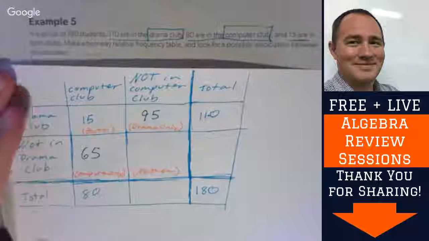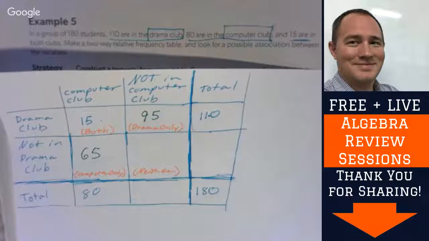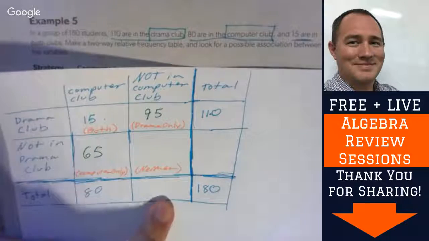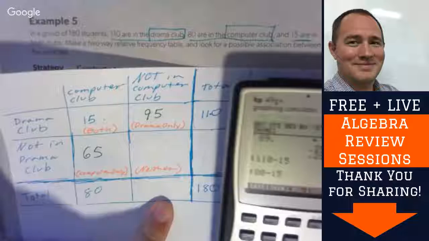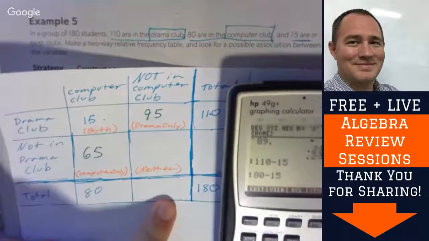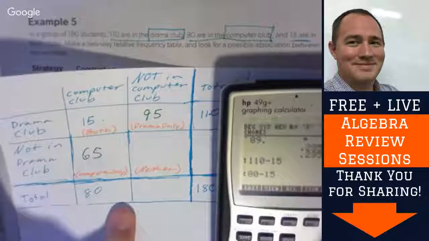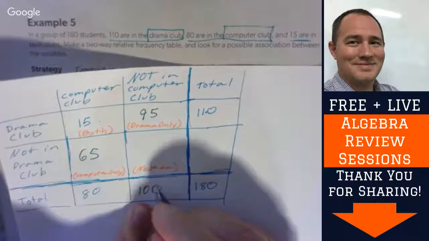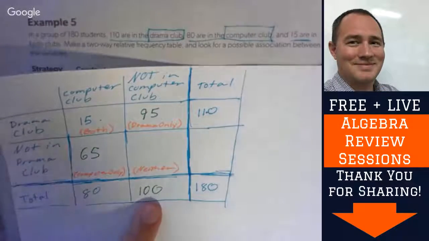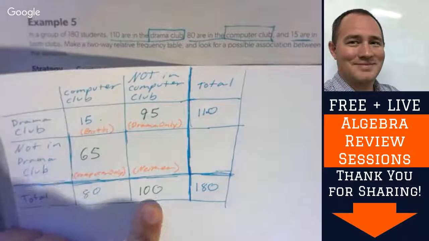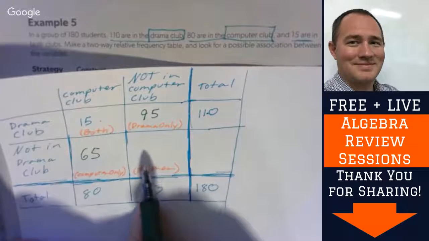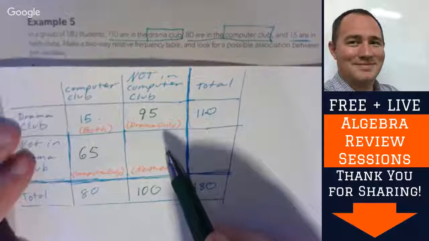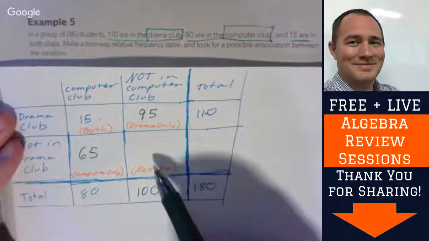Any other columns or rows where we're only missing one? So how about this one? 80 plus blank gives us 180. So 180 take away 80 is 100. Okay. Now we could find this one. So we could find the students that are surveyed in this school, but are in neither club.